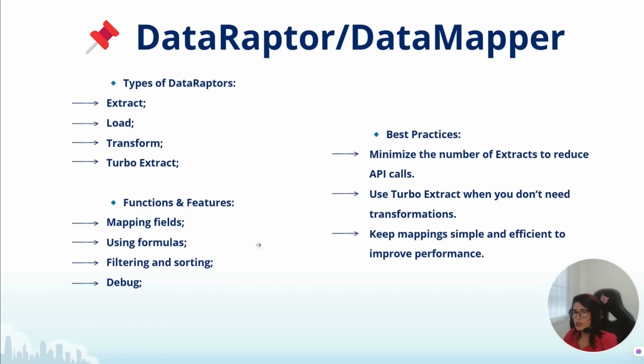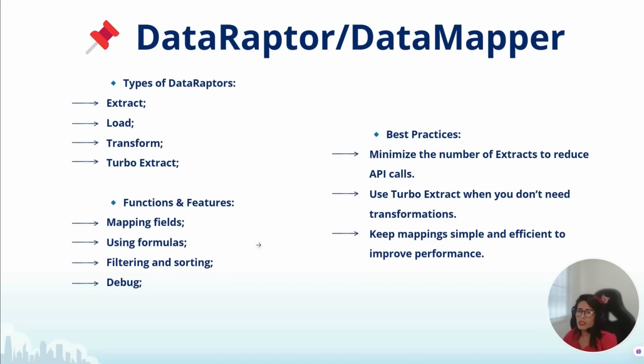You can use the transform to modify data before sending or after retrieving it. The turbo extract is a faster way. You can use only one object in this one, and in the extract you can use a lot of other objects, but the turbo is just for one because it's simpler.